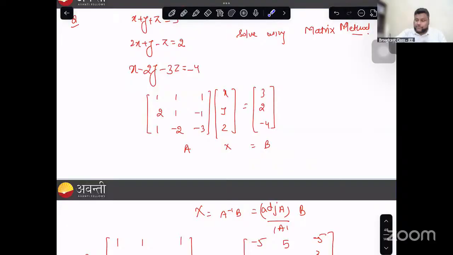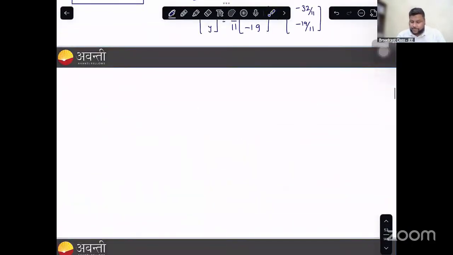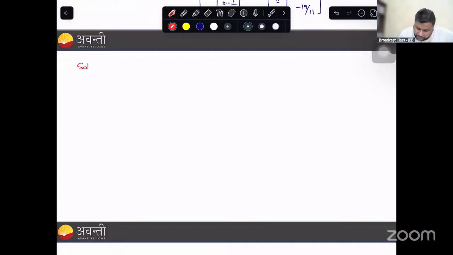Now I'll do a question for all of you so that you will be in a better state to understand it. So first of all, write down the question. Solve using matrix method.